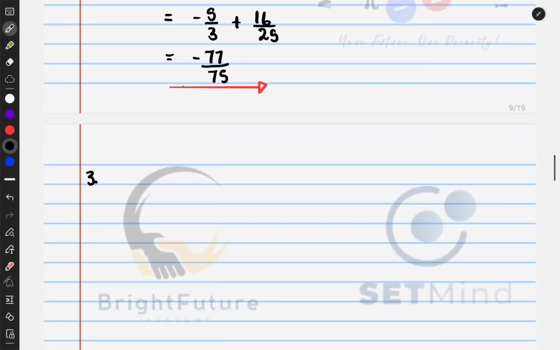So for 3.3 we have cosec 45 over sine 90 degrees multiplied by tan 60 degrees.